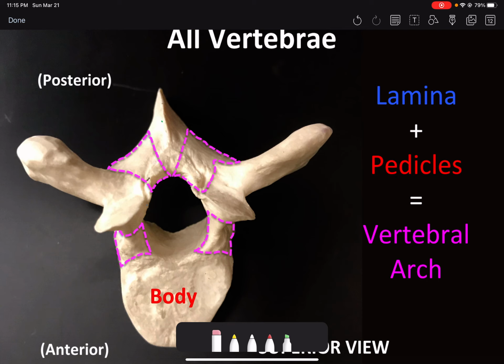All right, and we call it an arch because it's an architectural feature that is supportive in nature. It's going to lend structural support to the bones surrounding the vertebral canal, and it's also going to act as kind of like glue that holds in place other components of this bone.